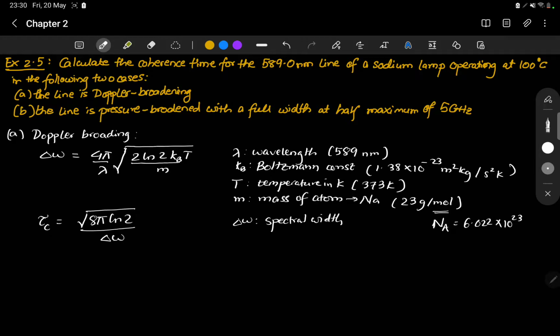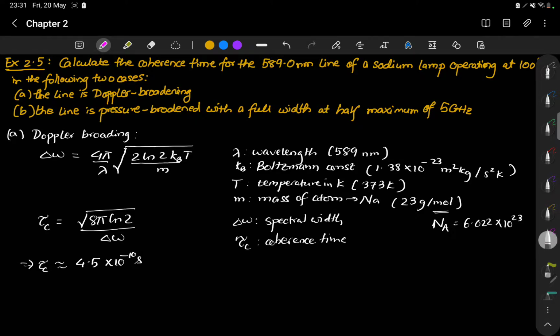This is for a Gaussian line shape. So for Doppler broadened and Gaussian line shape, we get tau c, the coherence time. Plugging in all these values gives us tau c roughly 4.5 times 10 to the power minus 10 seconds.